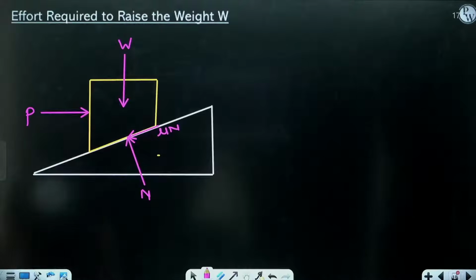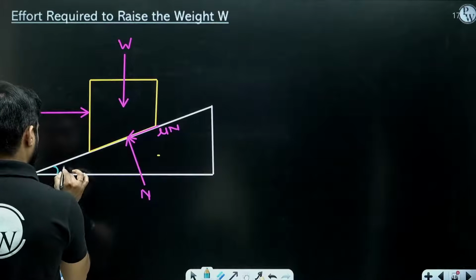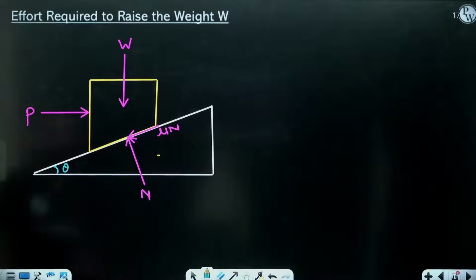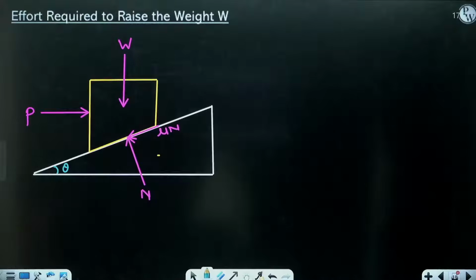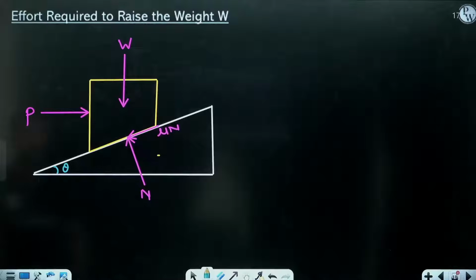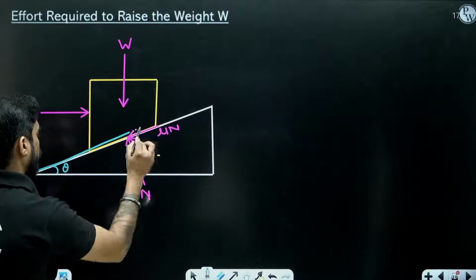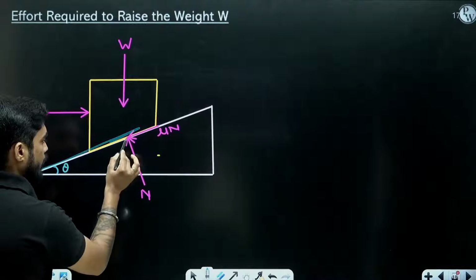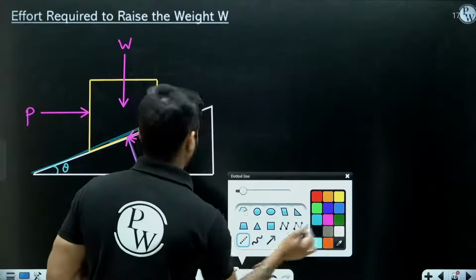Okay. Now we need to find the value of P. This angle is theta. Okay. Now if the surface is making angle theta with horizontal, the normal will be making angle theta with vertical, right?